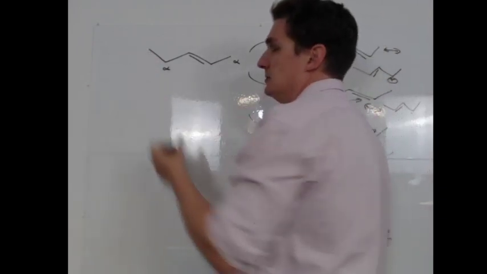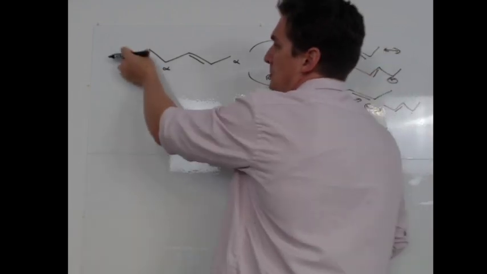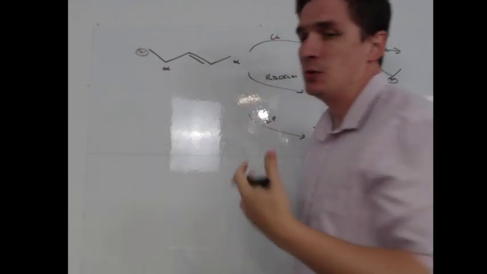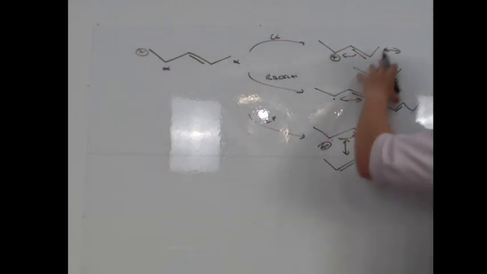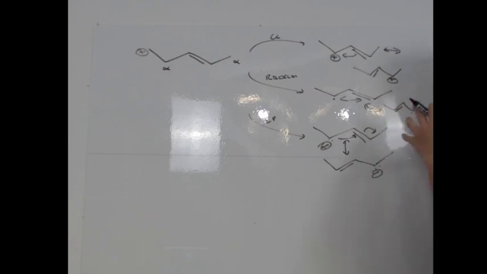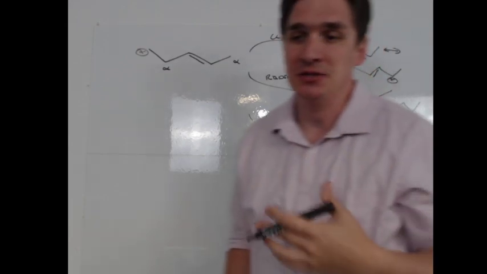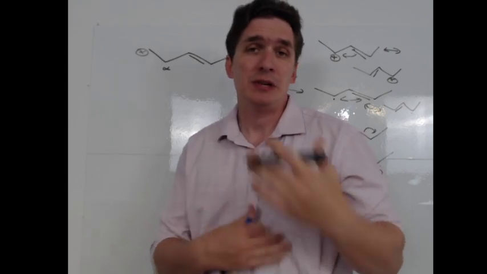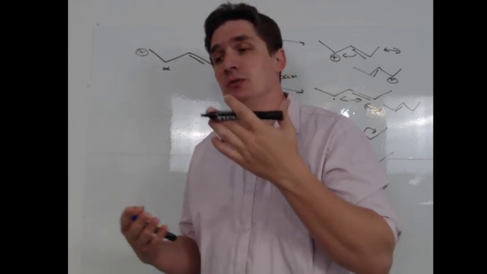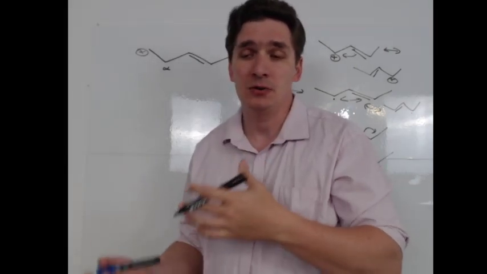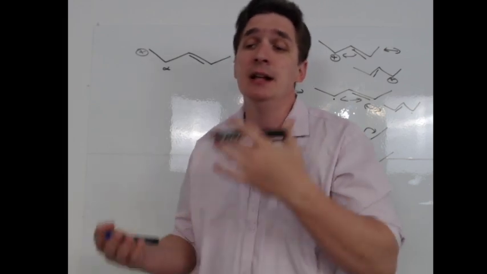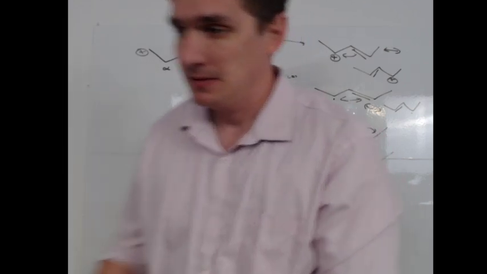If we form a radical, there's nowhere for the radical to go. If we form a carbocation, there's nowhere for that carbocation to go. So these allylic carbons here basically are stabilized for hydrogen abstraction. So if we want to replace the hydrogen, and typically we're going to do this by creating a lone pair or creating a carbocation or a radical, it's much more stabilized.